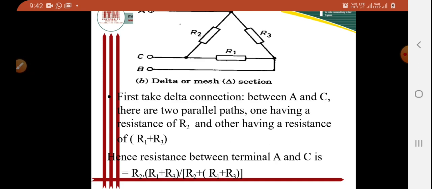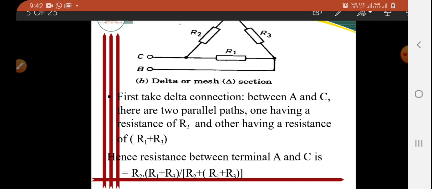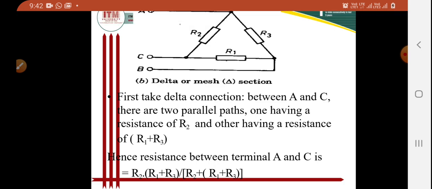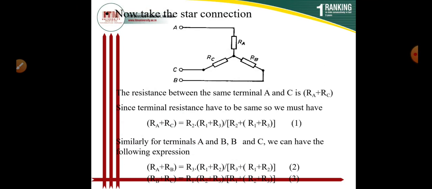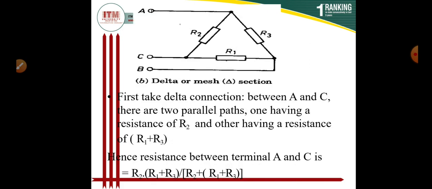When I have to consider it for the equivalence, if I consider one pair of terminals, then we have to observe our third terminal as open. Consider this figure now. This is our delta or mesh connection.